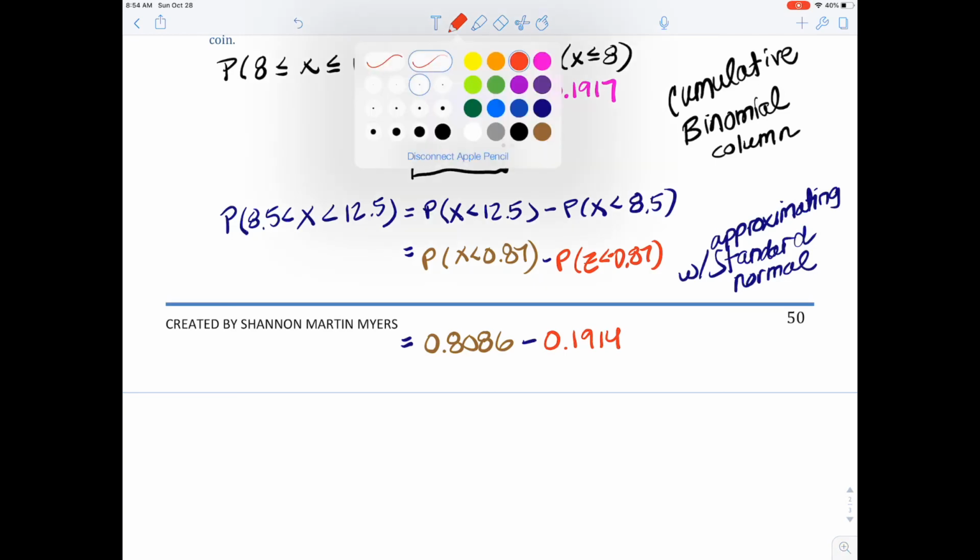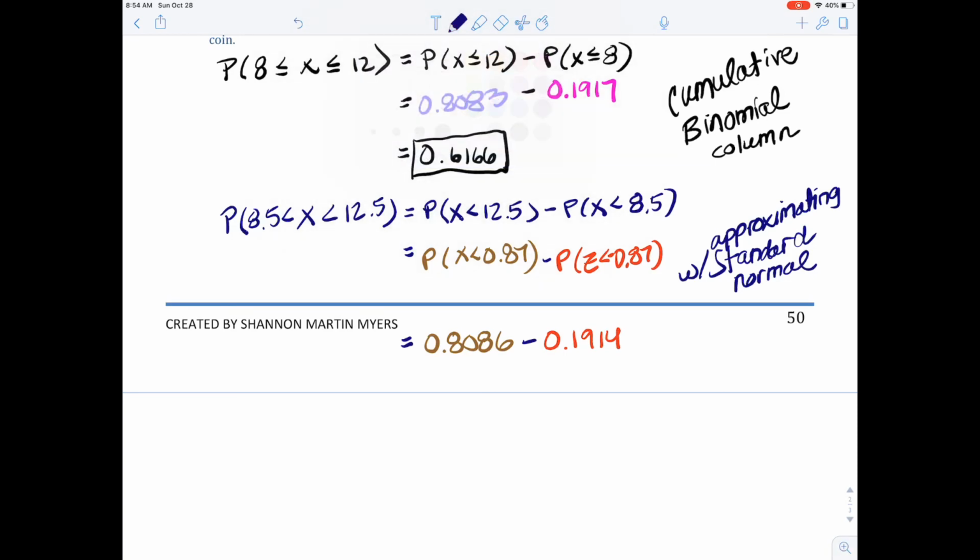And when you get your end result, this is what we'll have: 0.6172. So not bad, huh? It's just 6/10,000ths away from what you got with the actual binomial distribution.